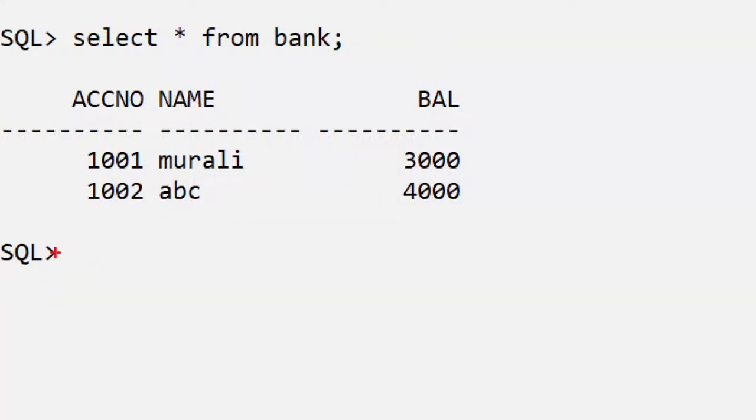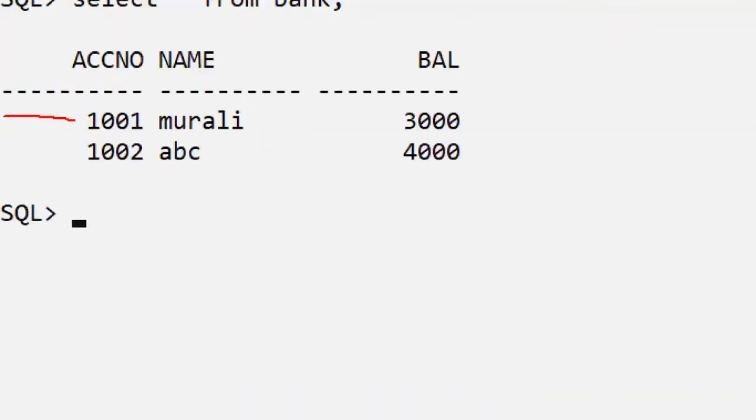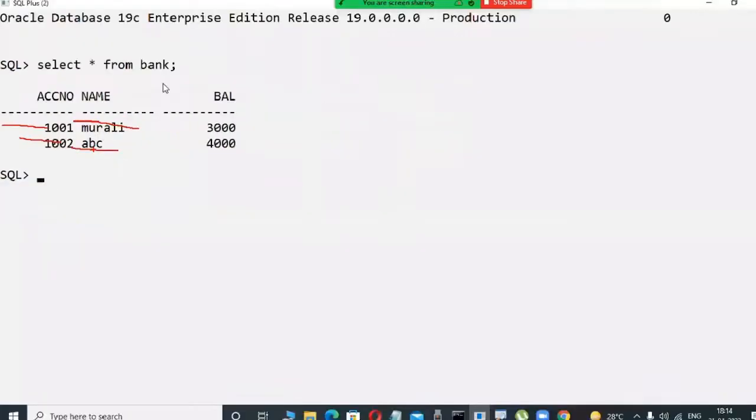Suppose in SBI bank, this is the data. Observe here, these are columns: account number, name, and balance. These are called columns. Here these are 1001 and so on. These are called rows or data.